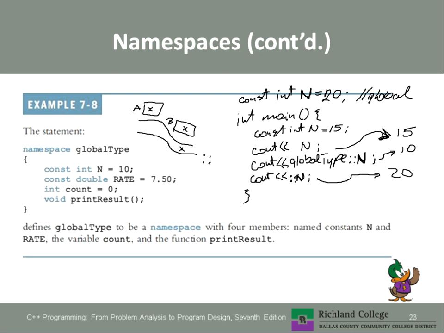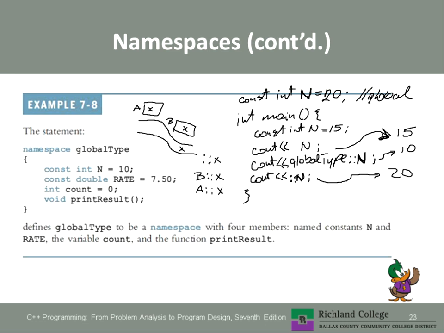We would access that just with the colon colon in our code. If we want to access X in B, then we would put in the namespace, or think about it like a room number, and then colon colon and the X, which is the variable name. Now, if we need to access X in A, then we say room number colon colon X.